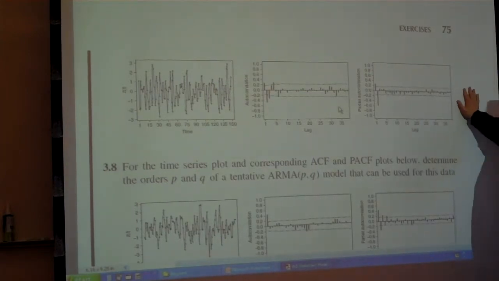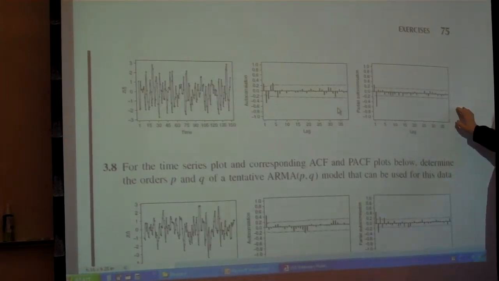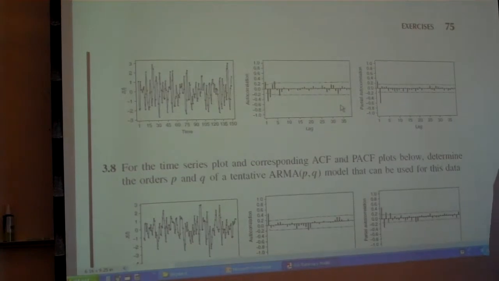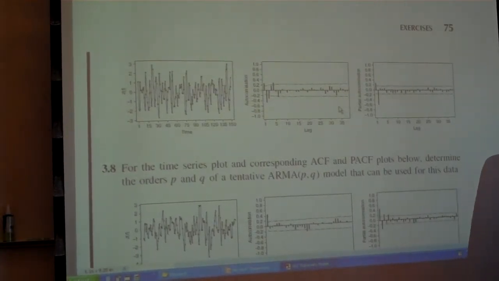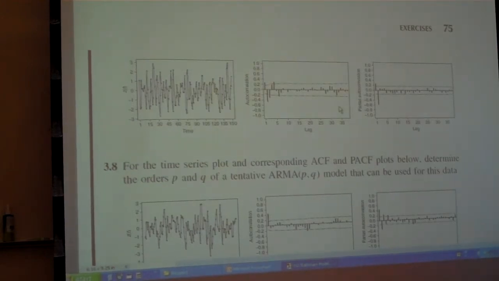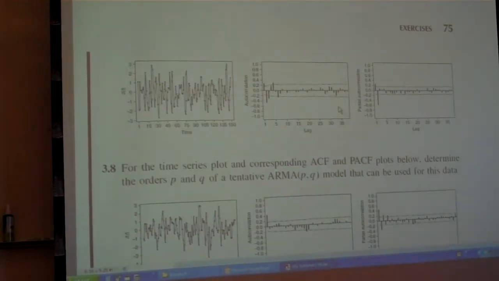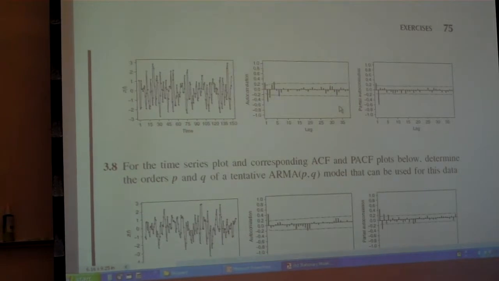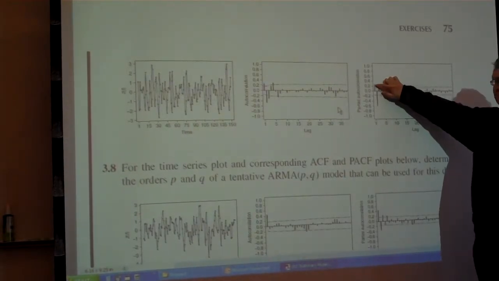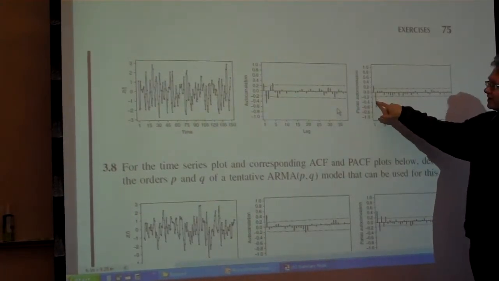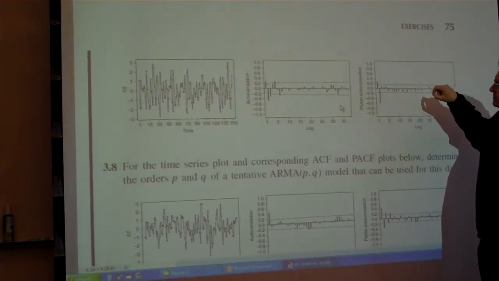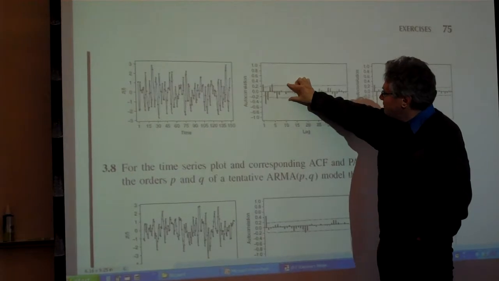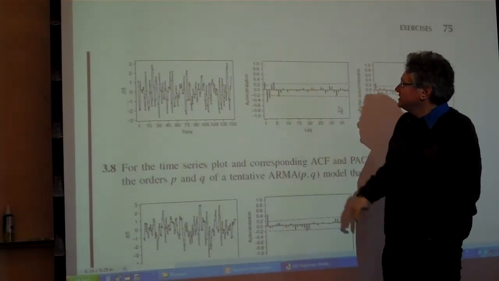How about this one? It's two terms of autoregressive. So the first one is probably positive, the second one is probably negative. And this is a bit weird, right? It's not really an exponential decay.